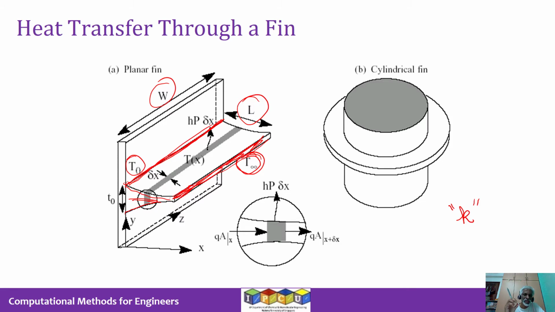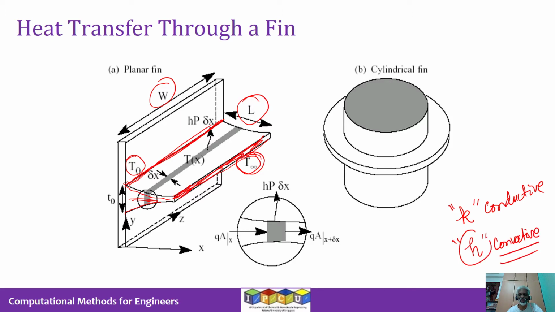Within a metal, it is going to be conductive heat transfer. Between a metal and a gas or liquid, the heat transfer is going to be by convection. So the convective heat transfer coefficient is denoted as H. This is the conductive heat transfer coefficient. This is the convective heat transfer coefficient.